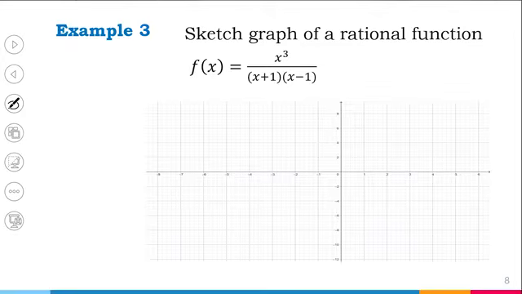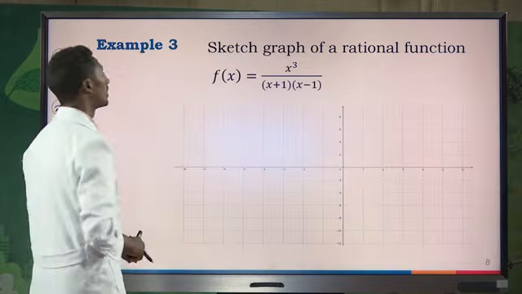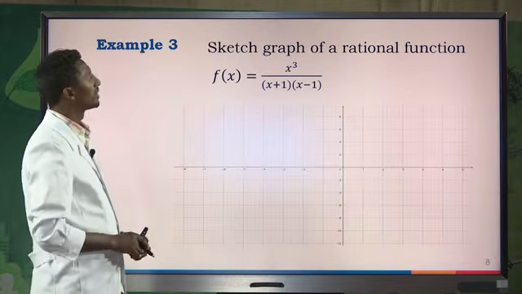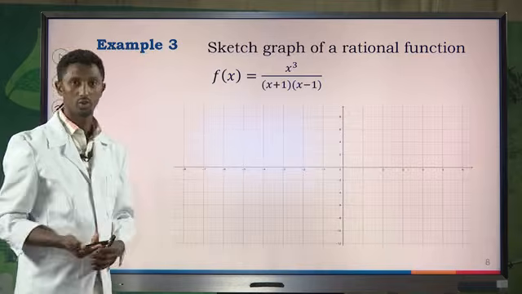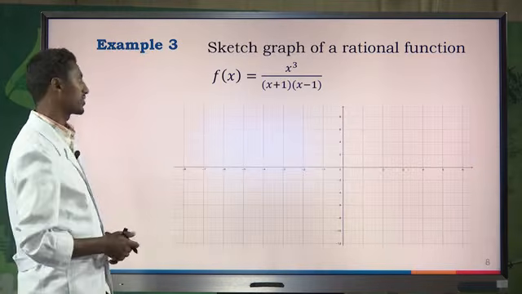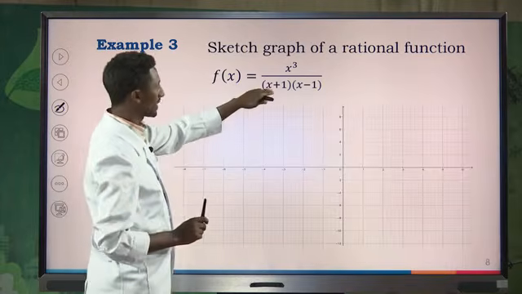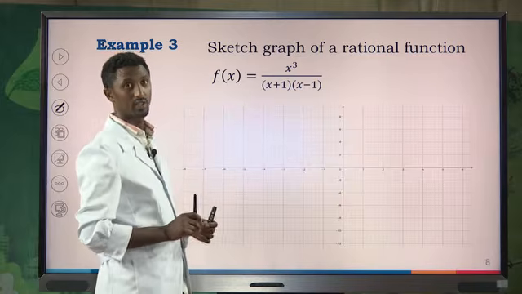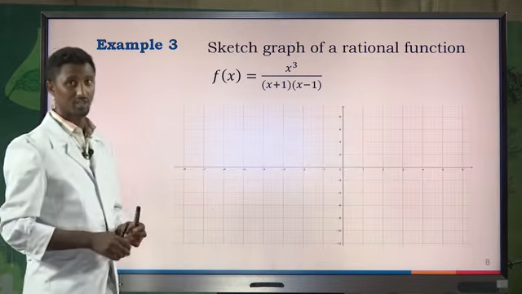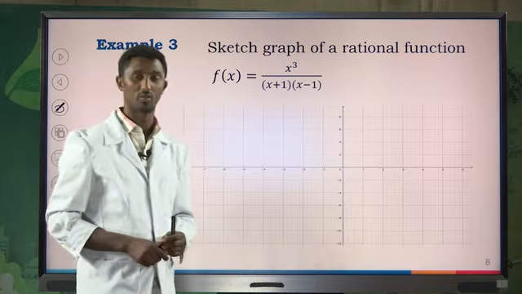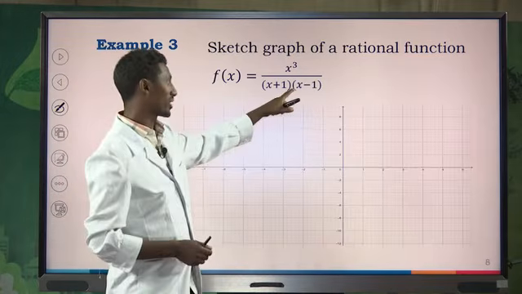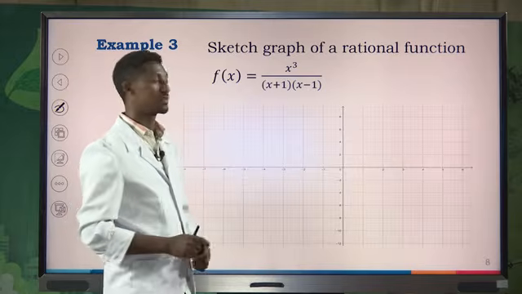Then the other example: sketch a graph of the rational function f of x equals x cubed over x plus 1 times x minus 1. In the same way, let's first determine the vertical asymptotes, horizontal asymptote, and oblique asymptote if it exists. It's clear that x equals minus 1 and x equals 1 are vertical asymptotes because at x equals minus 1, the denominator is equal to 0, and similarly, at x equals 1, the denominator is equal to 0.